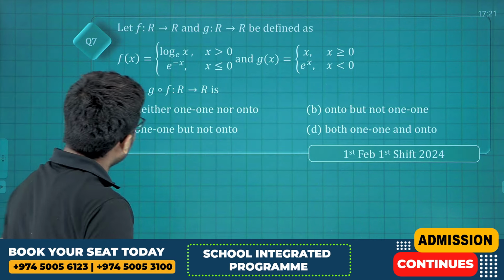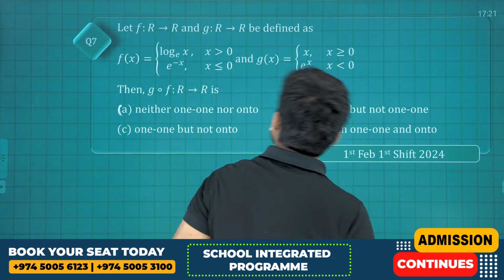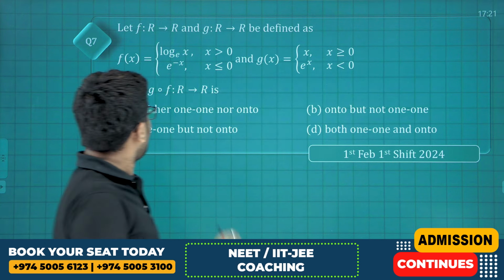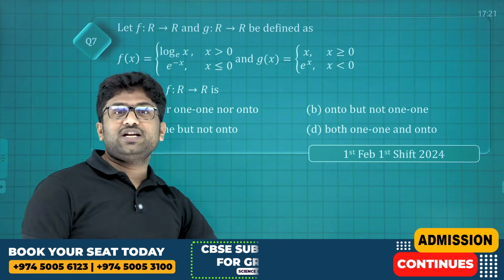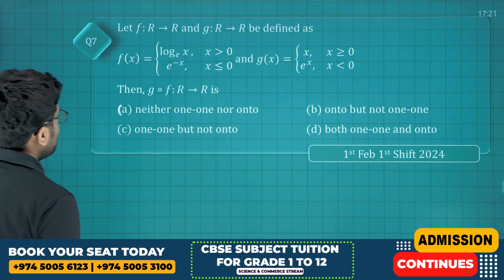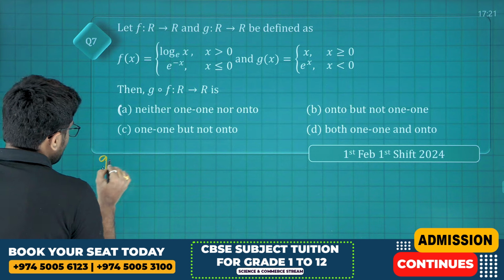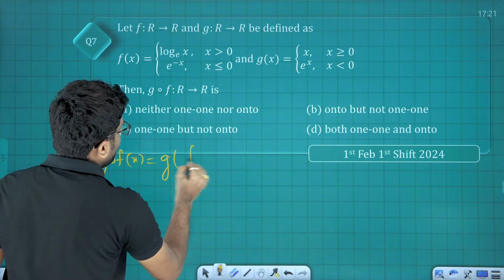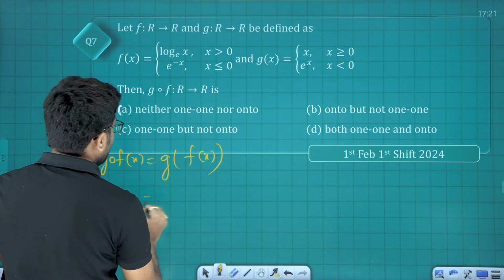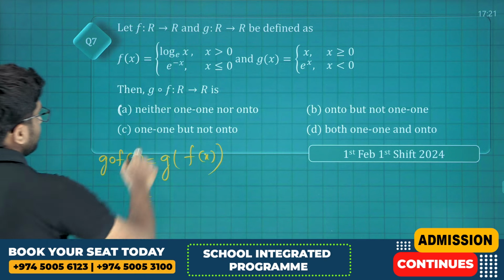Next question. F mapping from R to R, G mapping from R to R again defined as, they have given f of x and they have given g of x, friends. Same question again, they are asking us to evaluate G circle f of x. So G circle f of x is nothing but g of f of x, friends. Now what is g of f of x?